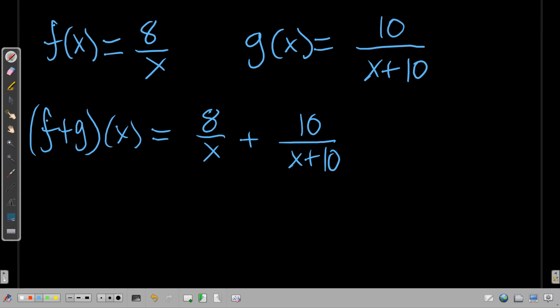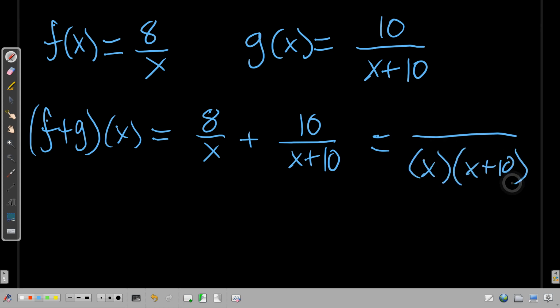I would want to do that if I wanted to know where this function was going to equal 0, because I would want to have a numerator. But to figure out its domain, however you add these two things together, that denominator is just going to be x times x plus 10.